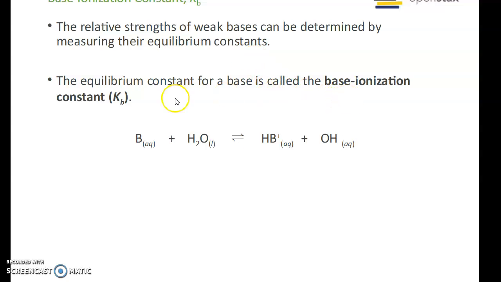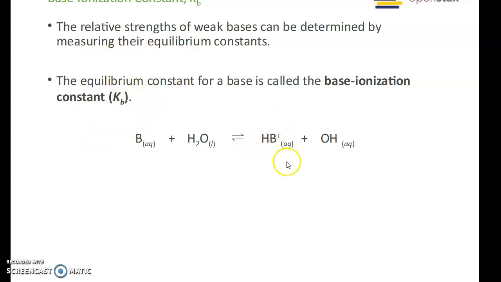This is the base ionization constant, K sub B. All we're doing is just denoting the differences between B, and then remember for the acid, it was the acid ionization constant Ka, and for the solubility, for how much is precipitating, we had K sub sp, right? So it's the same form.